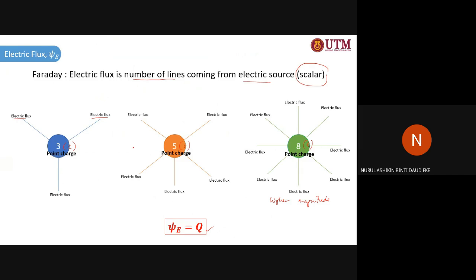Okay, from this point charge and this electric flux, let's discuss what electric flux density is. For example, we have the point charge and also the electric flux. The lines here denote the electric flux.